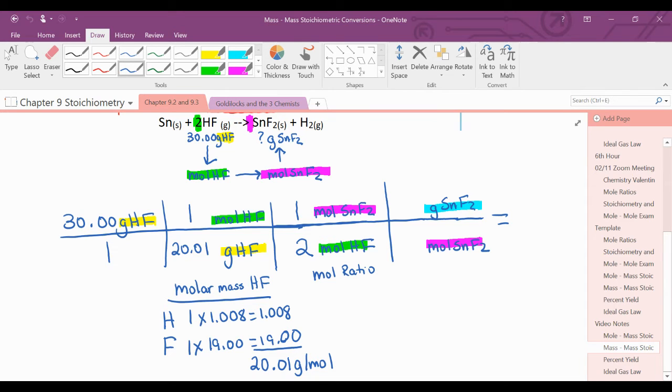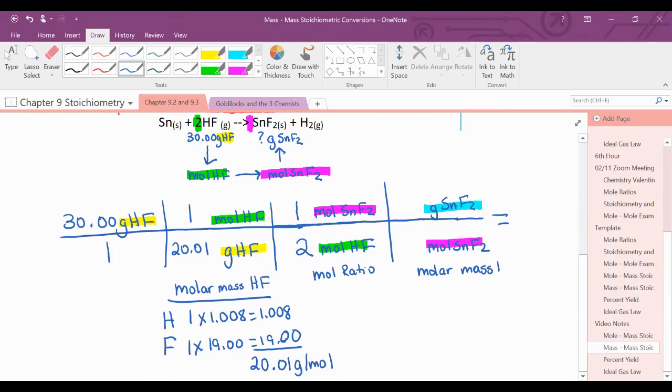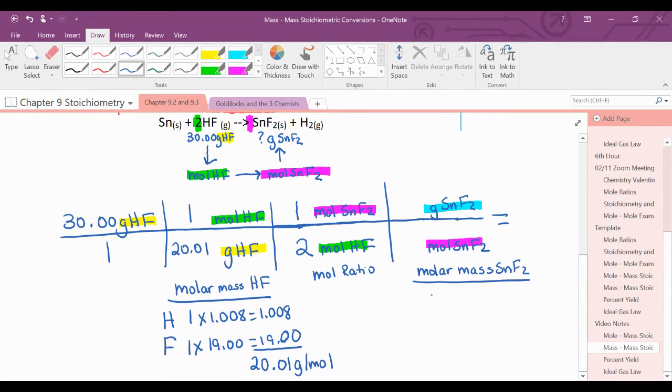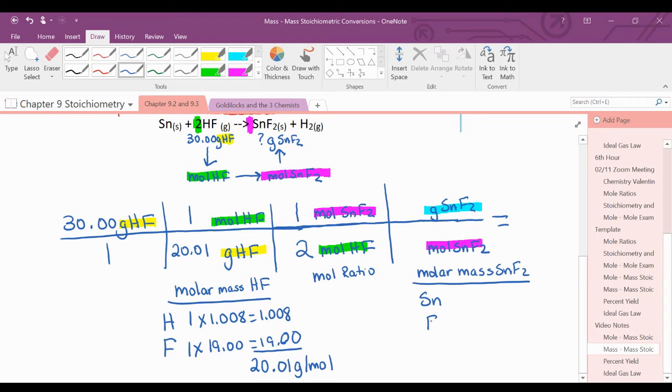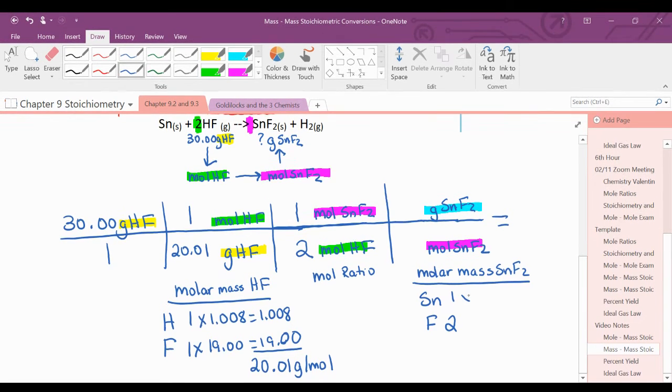Then the last conversion factor is the molar mass of tin 2 fluoride. And so I list my elements. I list how many. I use the molar mass from the periodic table.